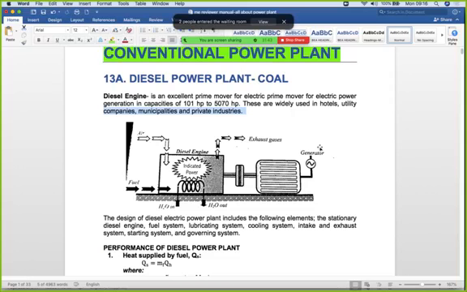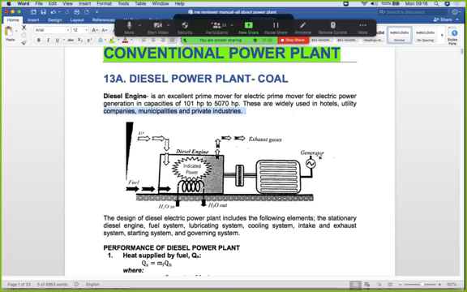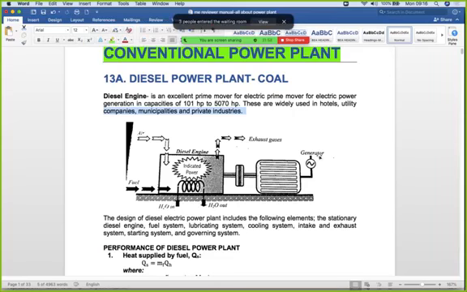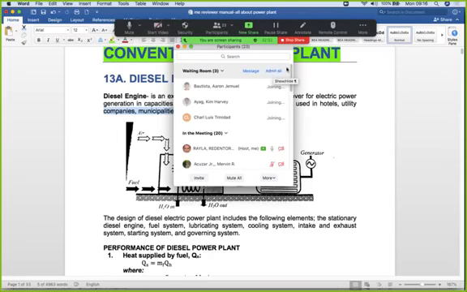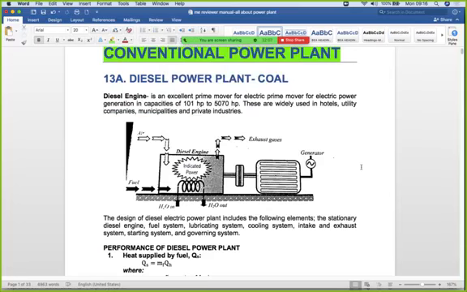It has different capacities up to 5,000 horsepower. That's how big a diesel engine is. Mainly in a power plant, this produces a large amount of power. They are widely used in hotels, utility companies, municipalities, and private industries.